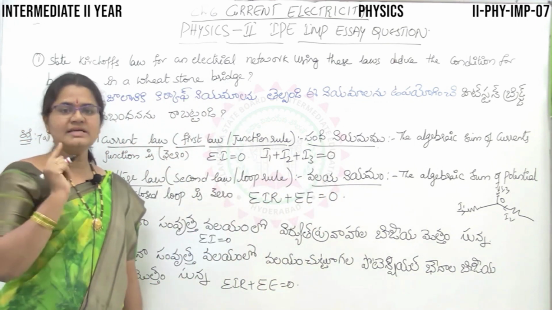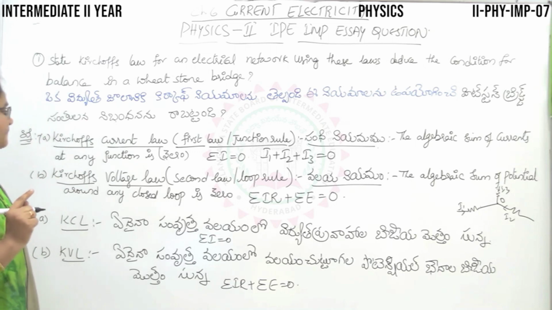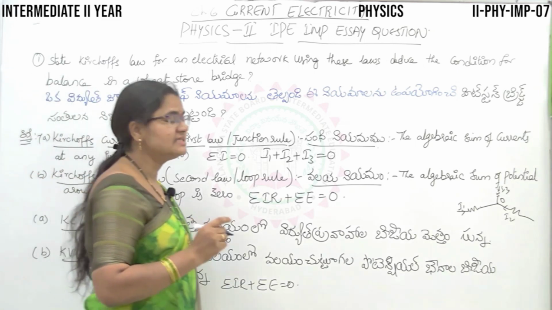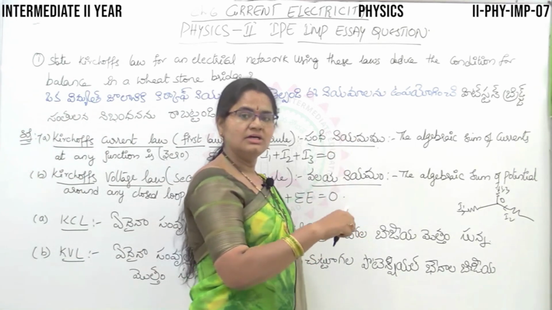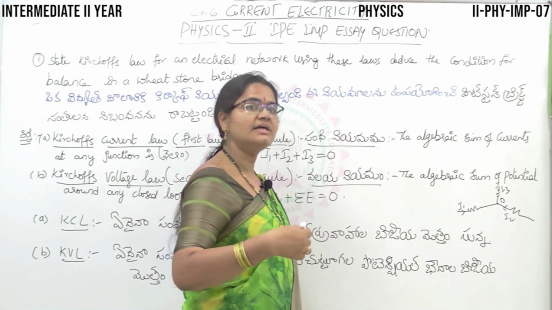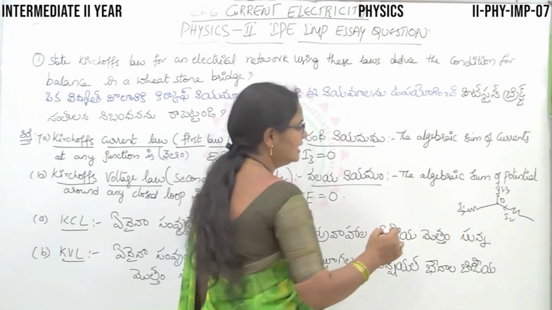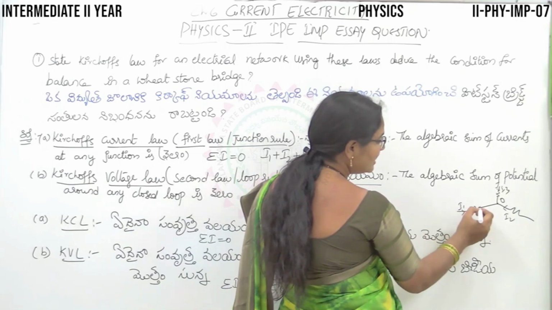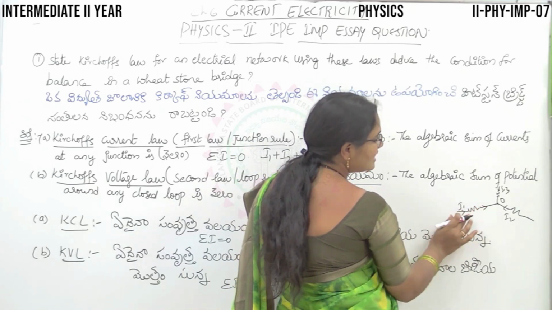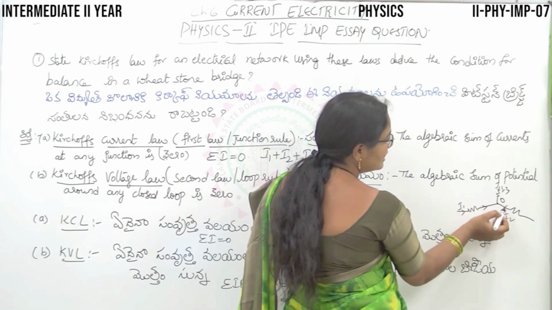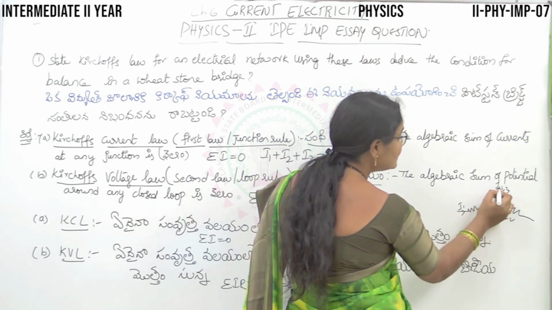This statement can also be written another way. Total currents that are entering into the junction is equal to the total sum of the currents that are leaving the junction. Here, if you consider, we have 3 currents as I showed you. I1 is entering the junction, I2 is entering and I3 is leaving.